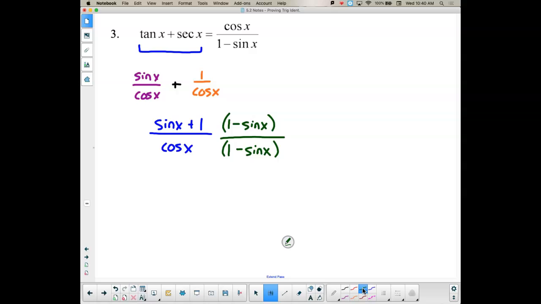Because I'm multiplying by 1. Haven't changed anything, right? I can multiply by 1 and not change anything. So the top, if I multiply the top out, I'm going to throw a couple of parentheses around here. If I multiply the top out, what do I get?